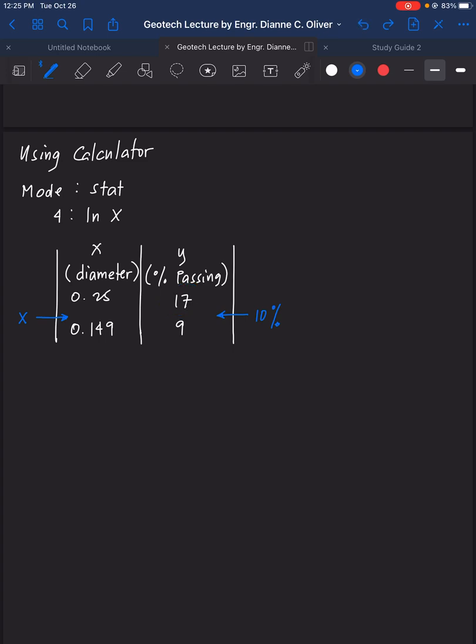After you put all these values, you click the AC mode. Okay, so click AC, and then click shift. So shift, and then look for the stat. For the number one key in your calculator, it says there stat.